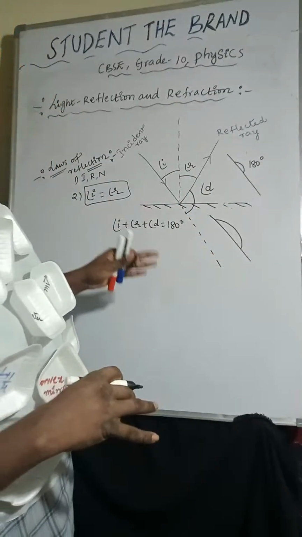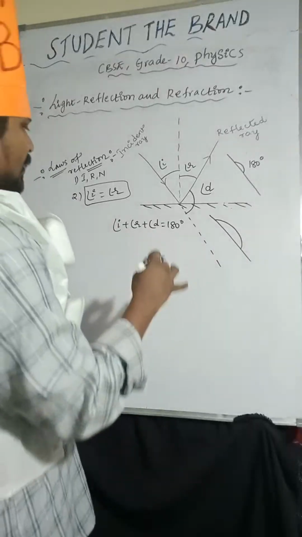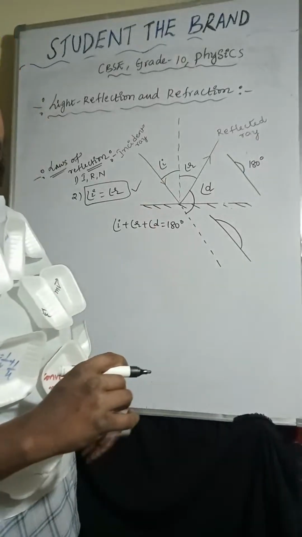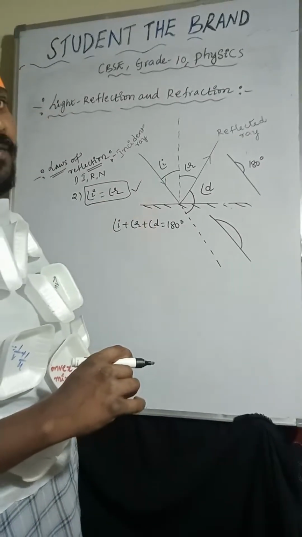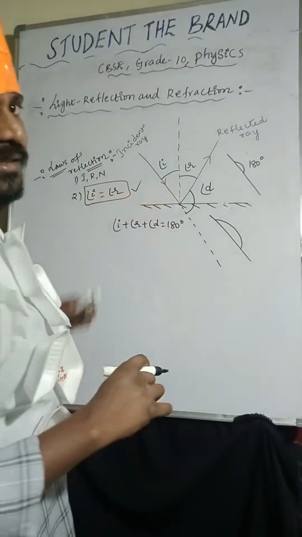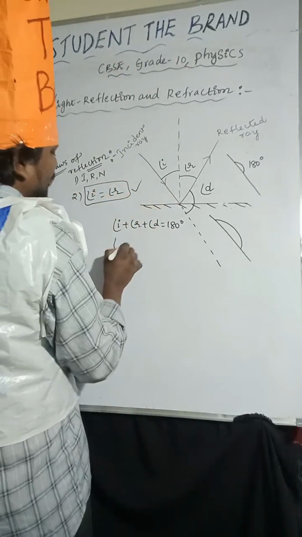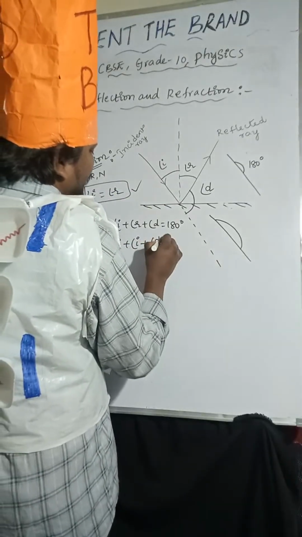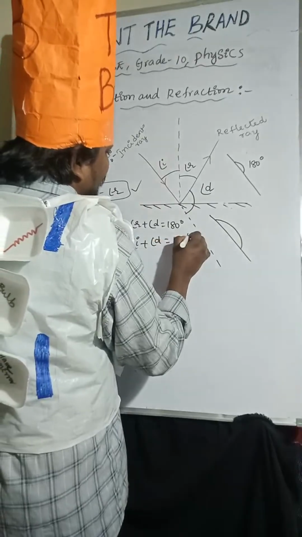Now from the laws of reflection, the angle of incidence is equal to the angle of reflection. So angle of incidence plus angle of incidence plus angle of deviation equals 180 degrees.